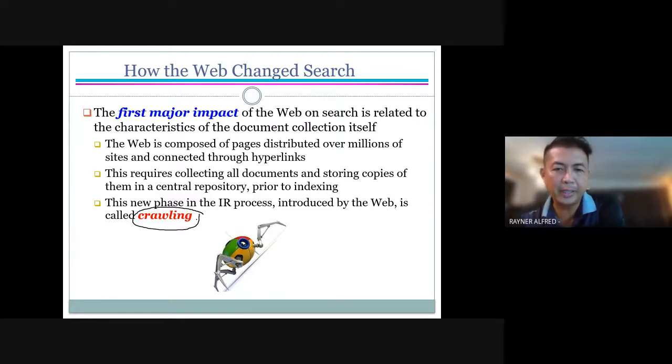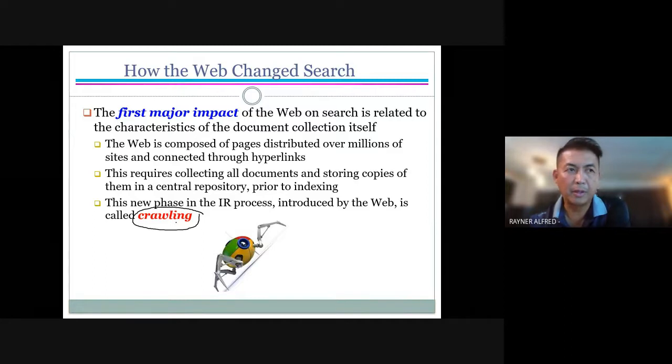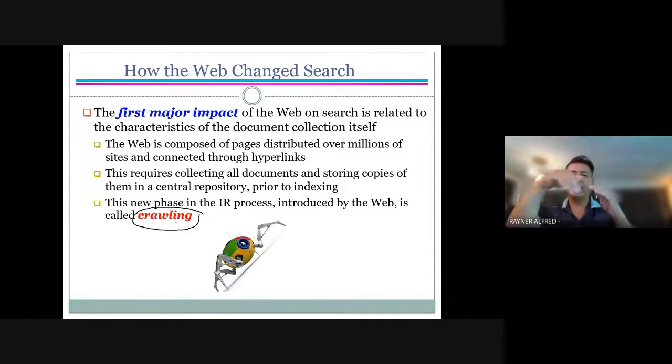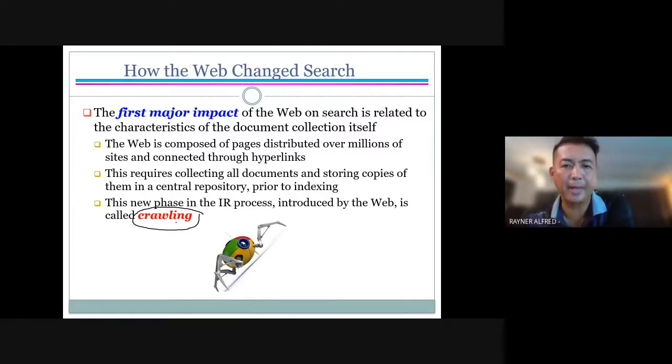So the crawler's job is just to crawl over the internet and harvest all that information from the starting URL that you have given. Okay, they will start with the starting URL, and then they will continue from there, following all the hypertext links to the other pages. So if that page does not have any hypertext link, then it will stop there. Otherwise, it will continue until it reaches the end of the document.